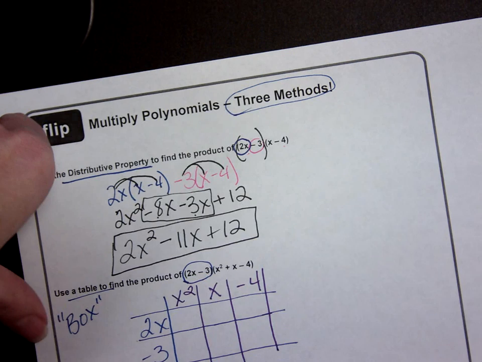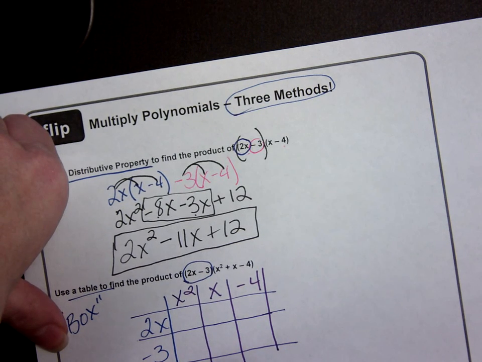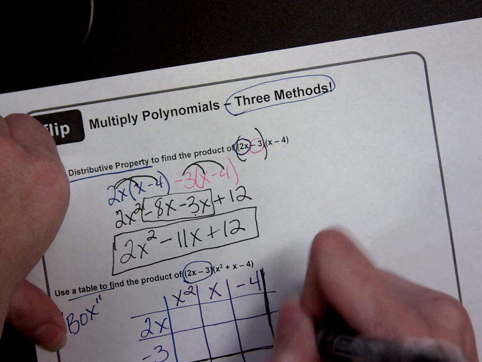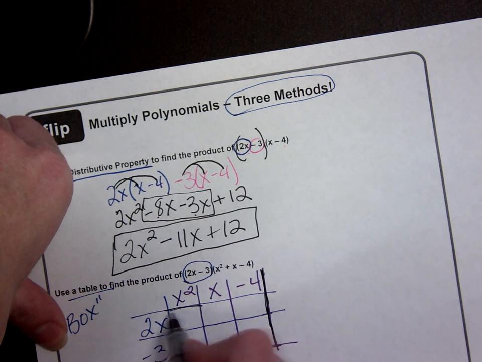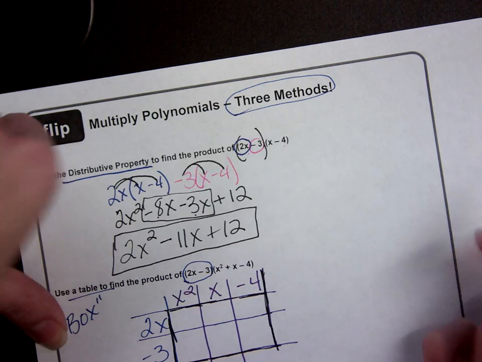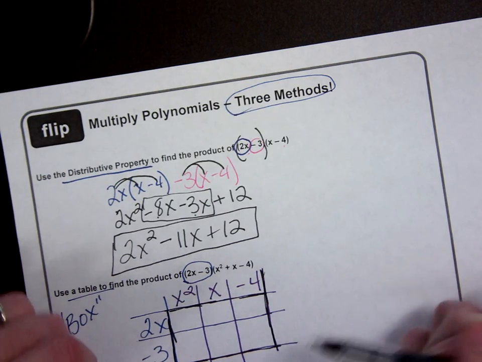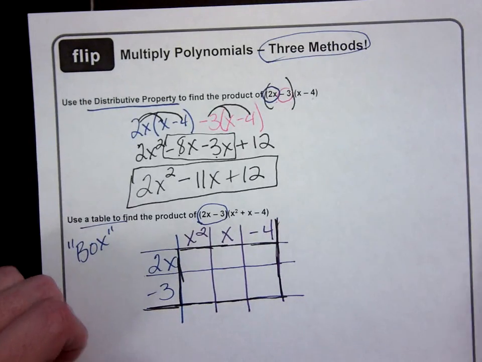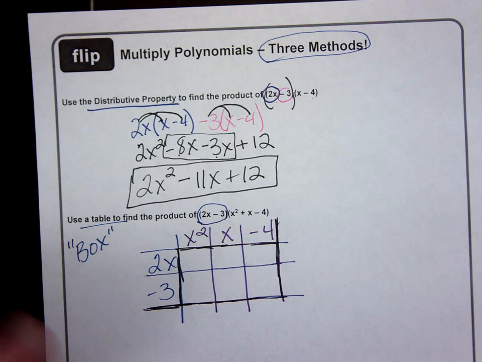So here makes our box, which is why it's called the box method, because this is where my answers are going to be. And we're going to fill these boxes the same way we do your times tables, if you remember doing those from elementary school.